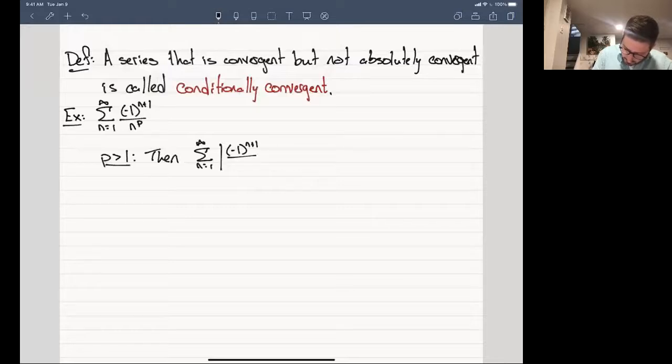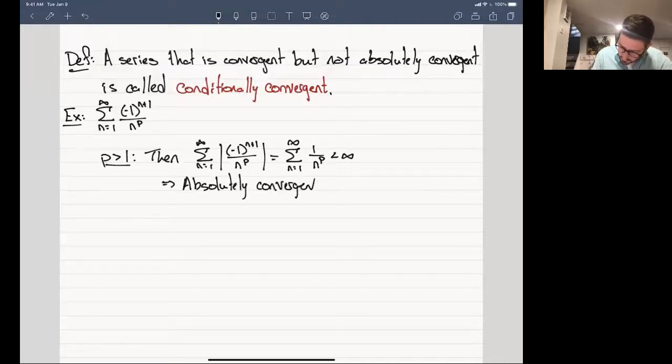When you take the absolute value of the terms, you get just the sum over 1 over n to the p, which is finite, which implies absolutely convergent. Right? So because it's absolutely convergent, the original series, the alternating p-series with p larger than 1, is itself convergent.